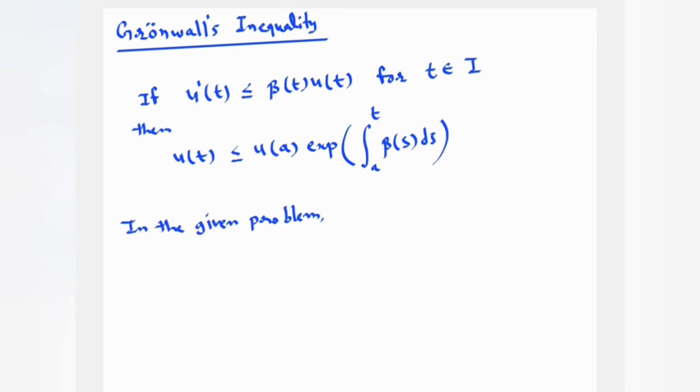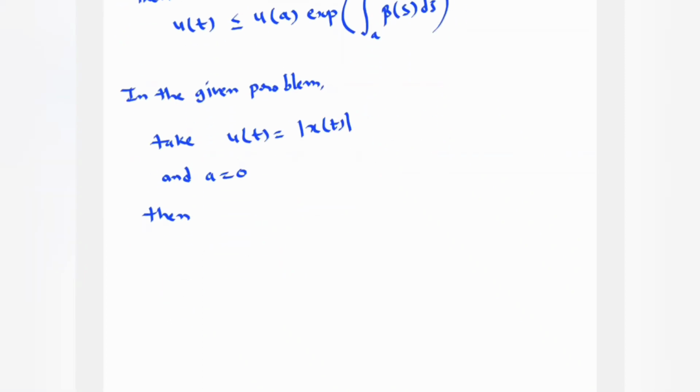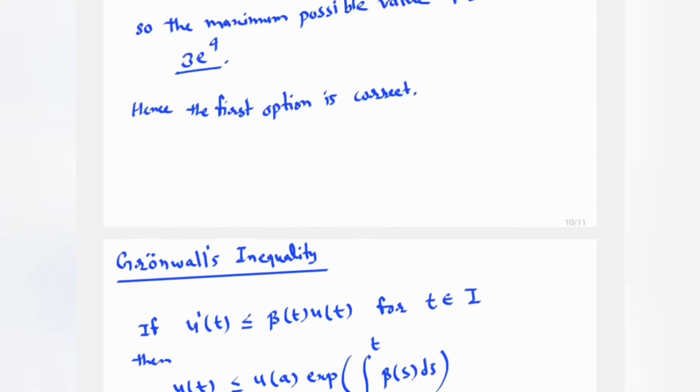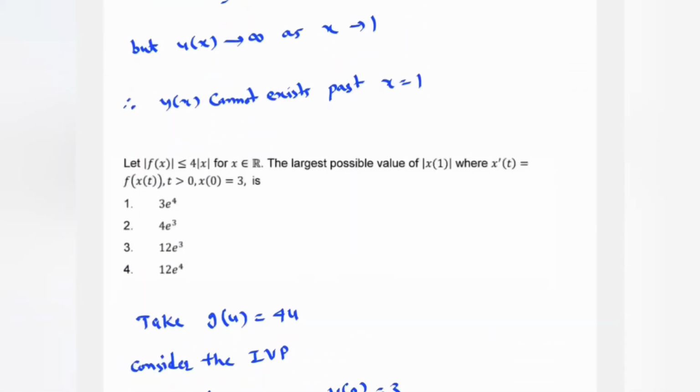So in our case, we take u(t) as mod of x(t) and a equal to 0. Then by Gronwall's inequality, mod x(t) is less than or equal to u(0) exponential integral 0 to t. Here beta is 4 because we are given that mod f(x) is less than or equal to 4 mod x.